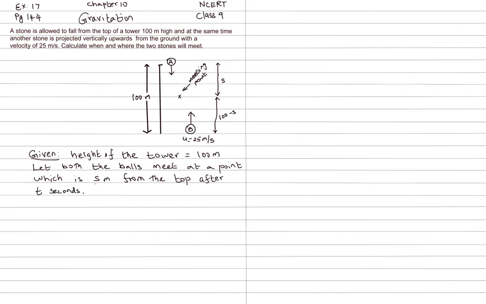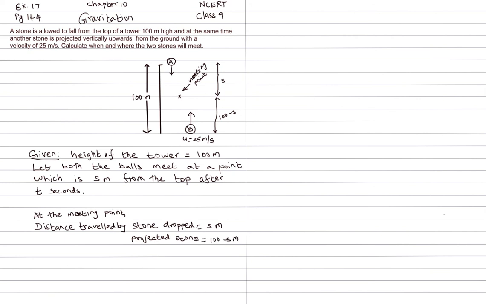Then at the meeting point, the distance traveled by the stone dropped is equal to S. The distance traveled by the projected stone, the one thrown vertically upwards, will be equal to 100 minus S meters.